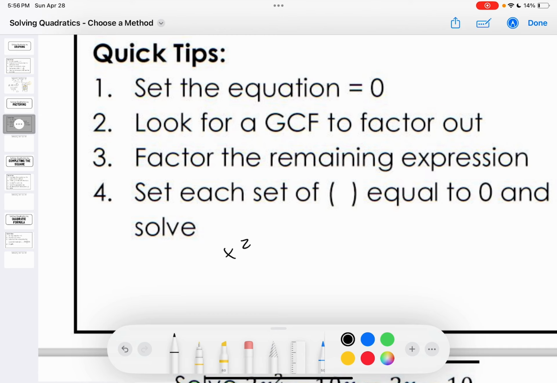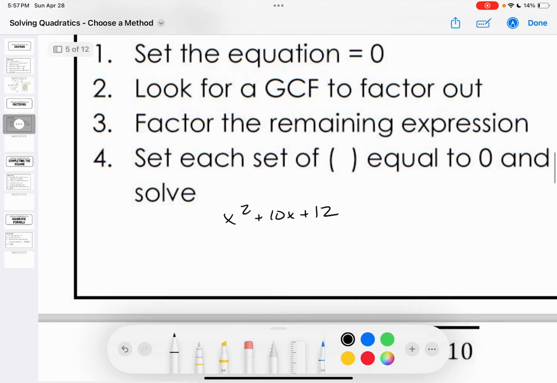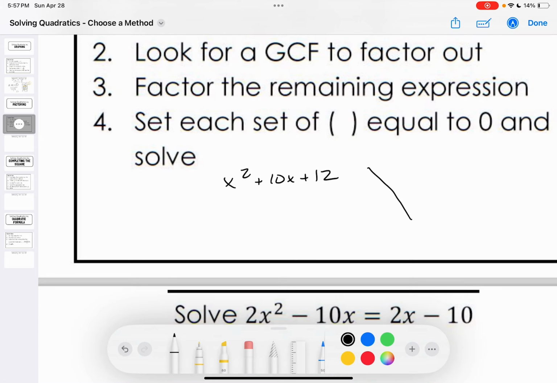So, x squared plus 10x plus 12. When we're trying to factor that, I need two numbers that multiply to 12 that add to 10. My numbers would be 2 and 6, 3 and 4, 1 and 12. None of those add to 10, so you can see that a problem like that isn't going to be factorable.